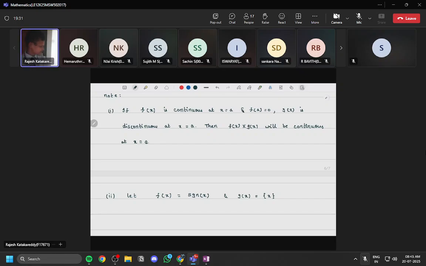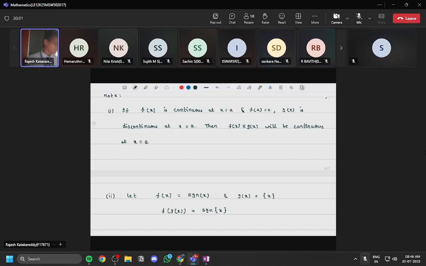So I have taken one small example: let f be a signum function, g be a fractional part function. Now I am doing the composition here, right? We can clearly notice, maybe let us do the composition and justify this. f of g of x must be equal to how much I'll get? I'll get signum of fractional part of x, correct? Signum of fractional part of x.